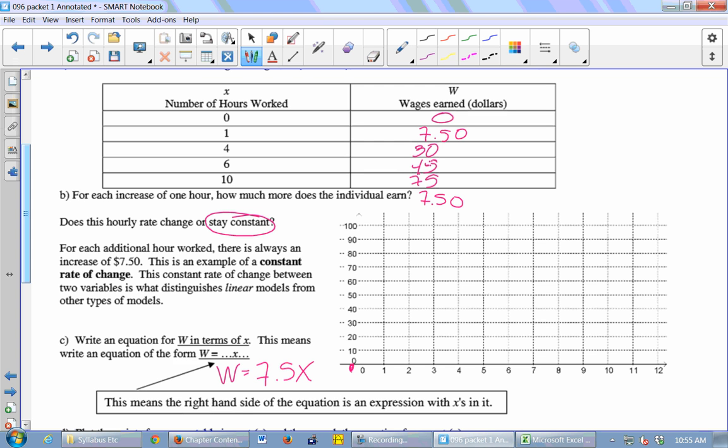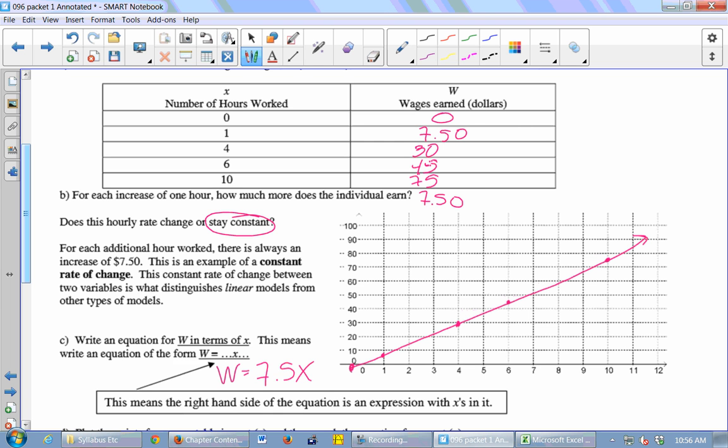1, 750 there. 4, 30. 6, 45, and 10, 75. And you'll notice they fall in a straight line. So I can connect them.